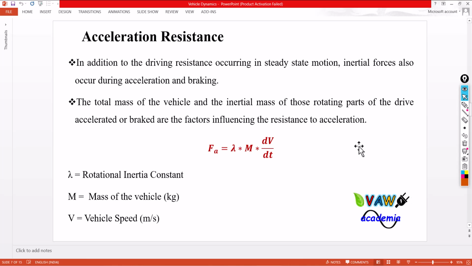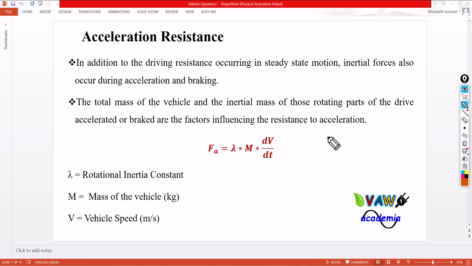So the acceleration resistance will always be higher in a conventional vehicle. The formula is lambda into m into dv divided by dt. Here, lambda is the rotational inertia constant, m is the mass of the vehicle, v is the vehicle speed. Therefore, dv divided by dt is the acceleration.